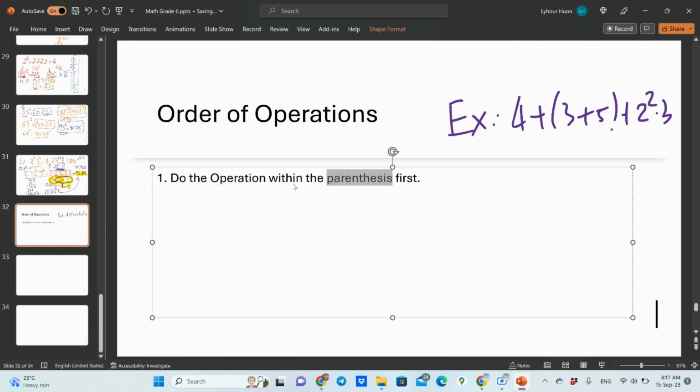Second, after we compute the parentheses, we need to have a second step. Do the operation within the parentheses, and then do the thing next to it, in front of it.